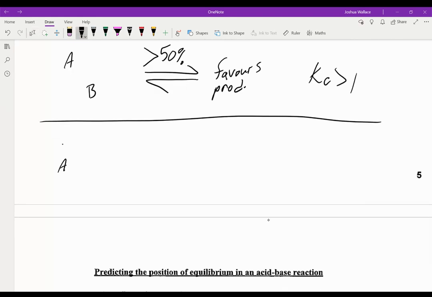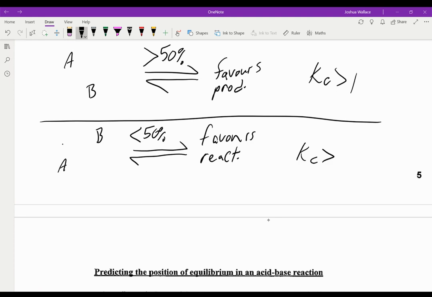If our base is above our acid, this is going to be less than 50%, which means that the reactants are favored. Our Kc is, wrong way, less than 1.